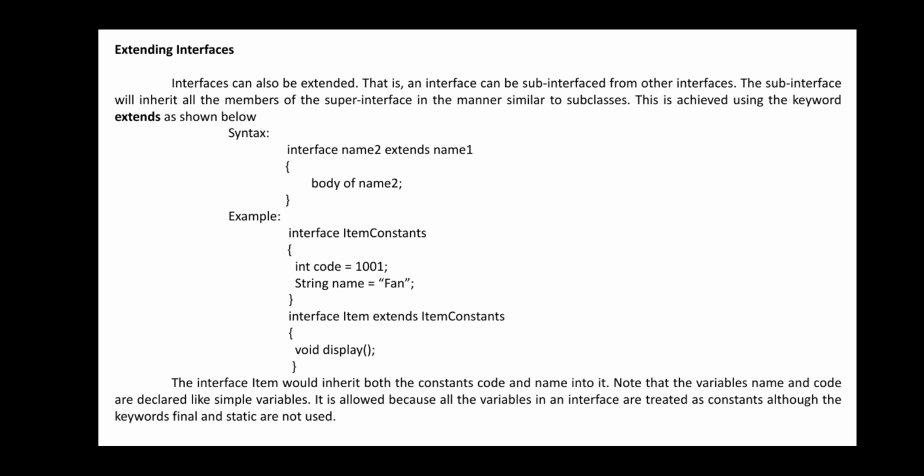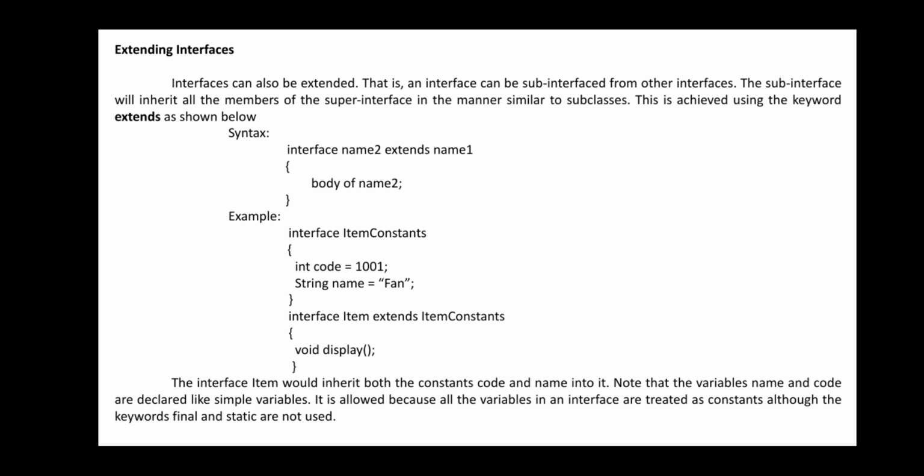Then how can you extend one interface to another interface? You extend one class to another class, no? Like that, an interface can give all its different properties to another interface in Java.